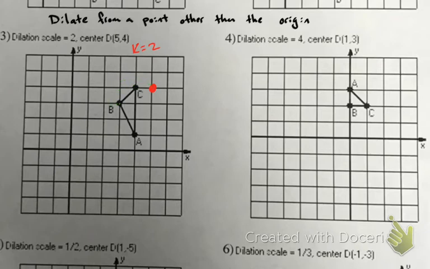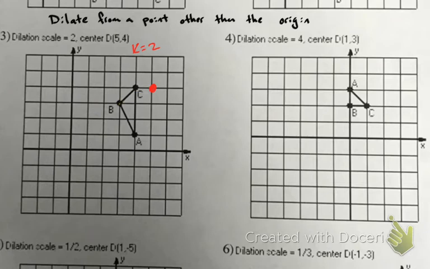So I'm going to go left 2, down 1. That's one movement. I'm going to do that same thing again because I'm going to travel twice. Left 2, down 1 again, and that is the new location of my B prime, because it's replicating double the movement away from the center of dilation.